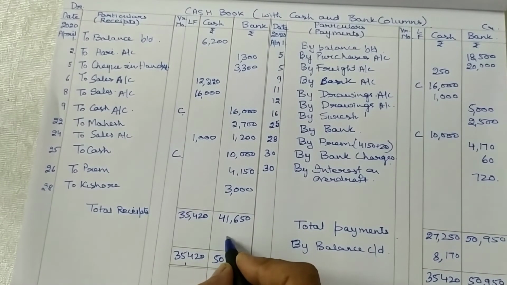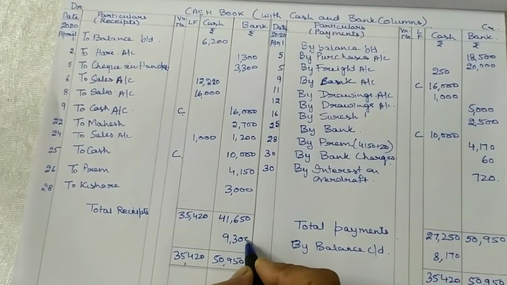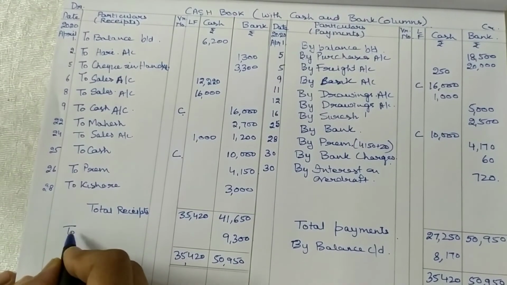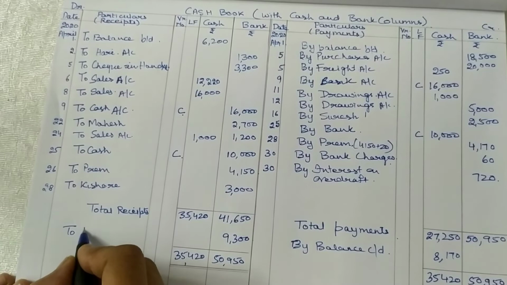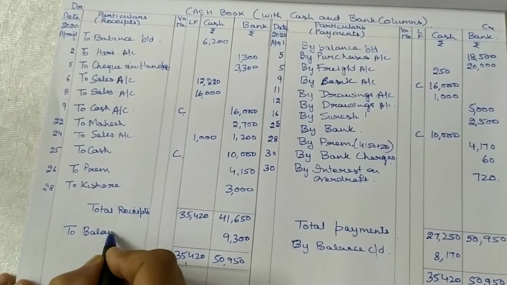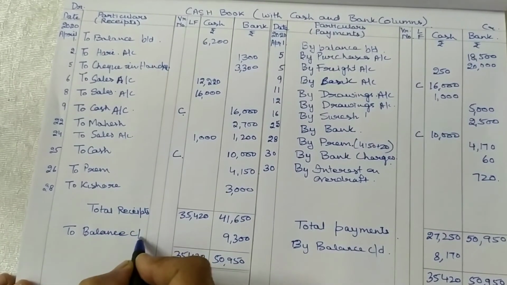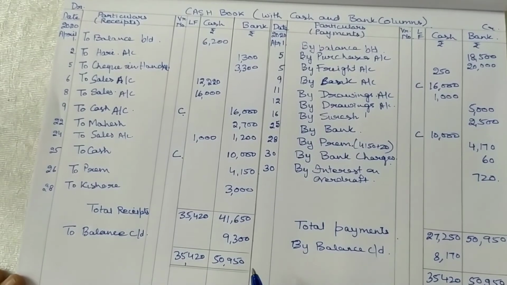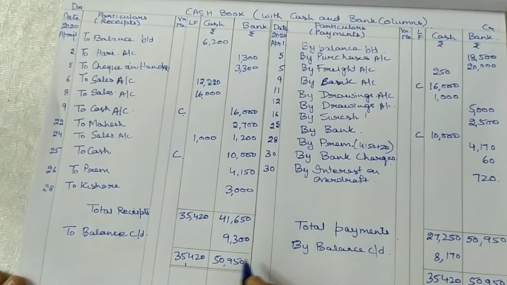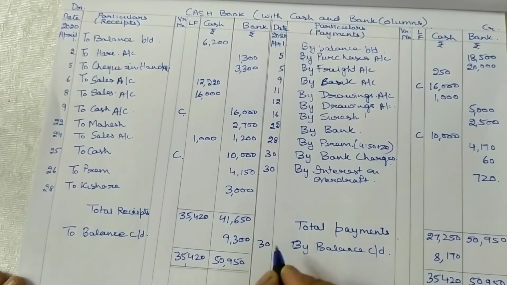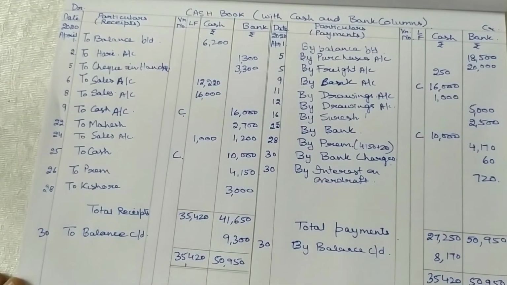Balance is 9,300. This is to balance carried down. April is of 30 days, so write 30.